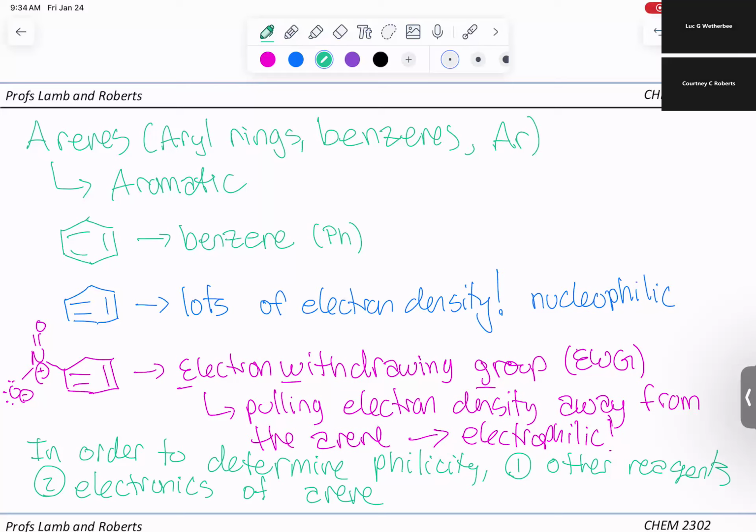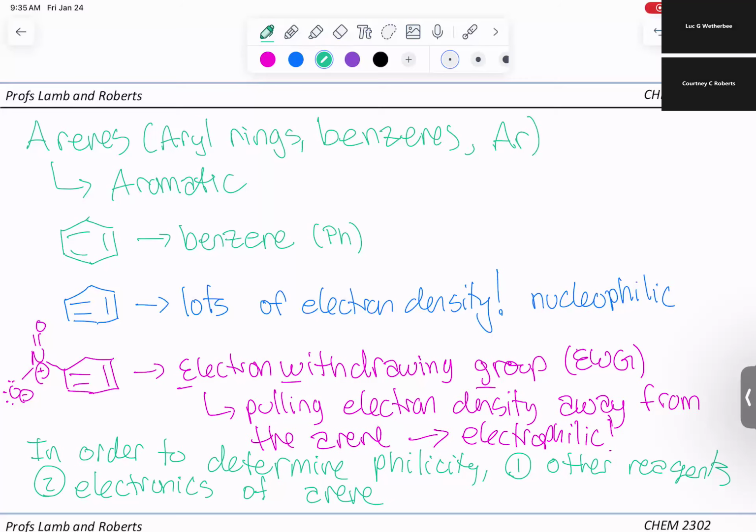Just like with the ketone that we saw before, it could react as either an electrophile or nucleophile, right? We had two positions that had opposite philicity. Same thing with benzene. So we need to take into account everything else that's going on in the reaction to be able to determine fully that third P of picking out what is the electrophile and nucleophile in the reaction.